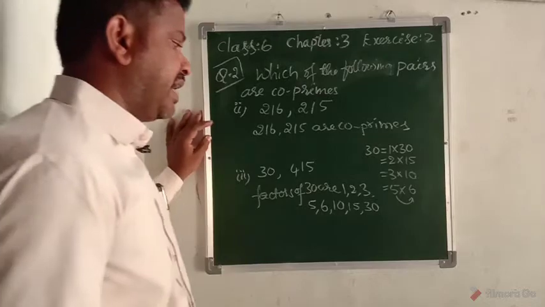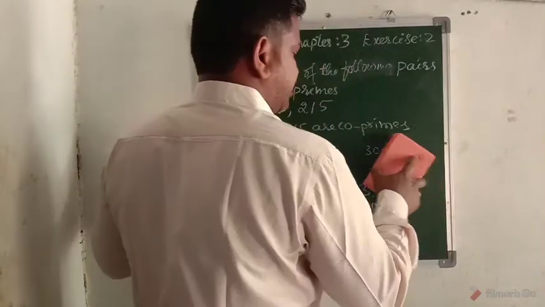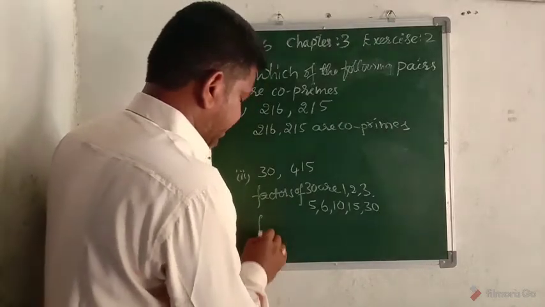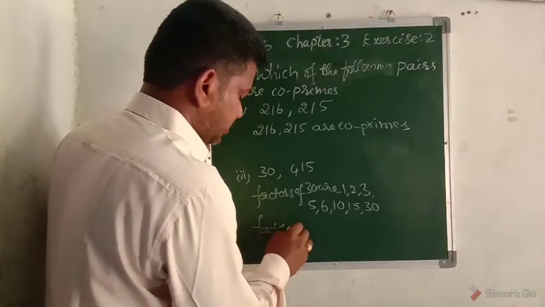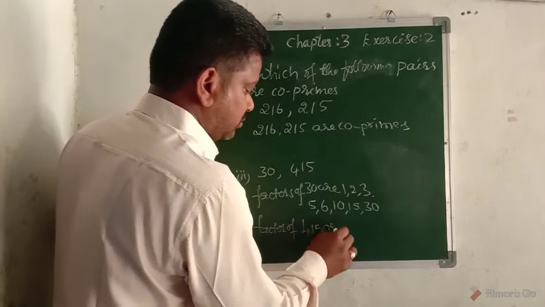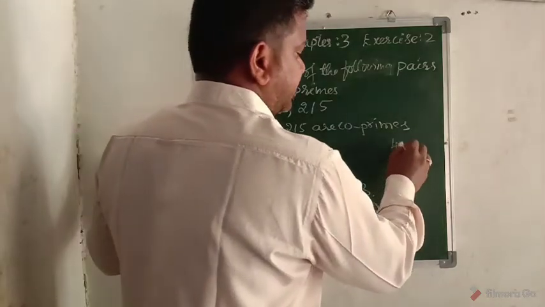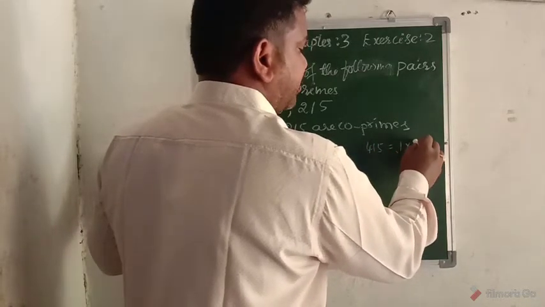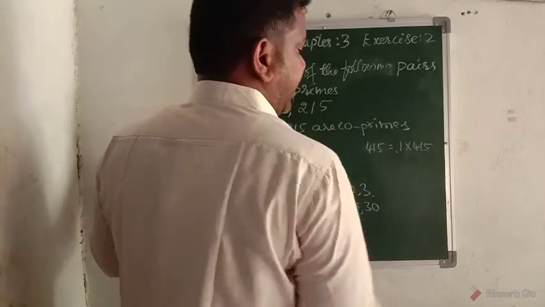Okay, after that write the factors of 415. 1 is a factor of every number, so 1 times 415.